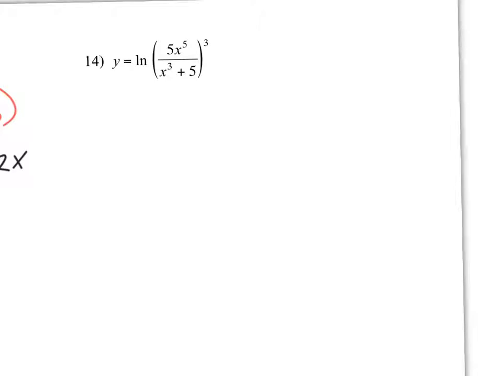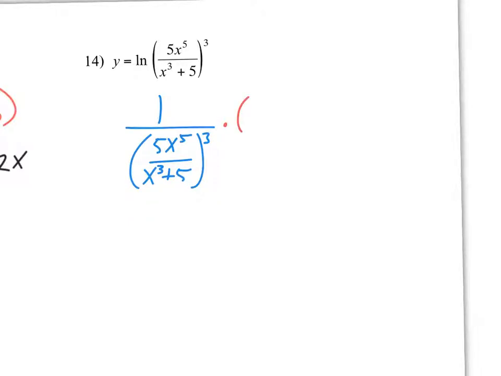I guess I might as well do one as a quotient rule type thing. So we're talking about the derivative of natural log, which is 1 over stuff. In this case, that stuff would be 5x to the fifth over x to the 3 plus 5, all to the third power, times the derivative of the stuff. There's a quotient rule.